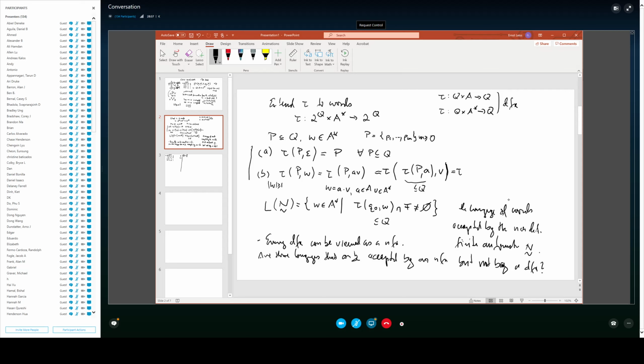When we do this tau of that thing, we're basically looking at the union of all tau of little p and a, for little p in capital P. So we take the set capital P, split it up into all its component states, and to each of these component states we apply the letter A, and then we form the union of those tau of p and a.